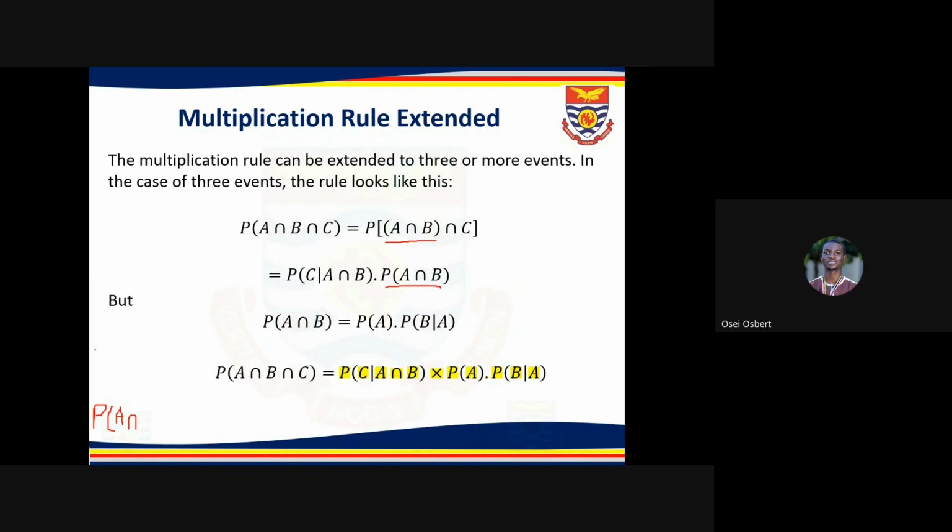If we are to further extend it to 4 events, we can have probability of A intersection B intersection C intersection D, and that is supposed to give us probability of D, given that A intersection B intersection C has already occurred.